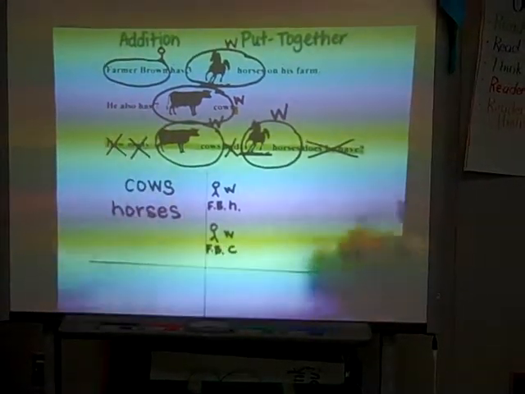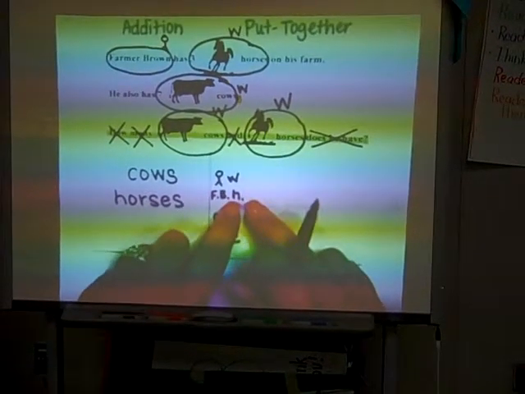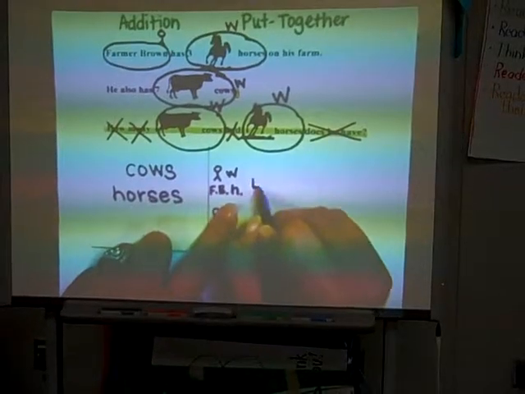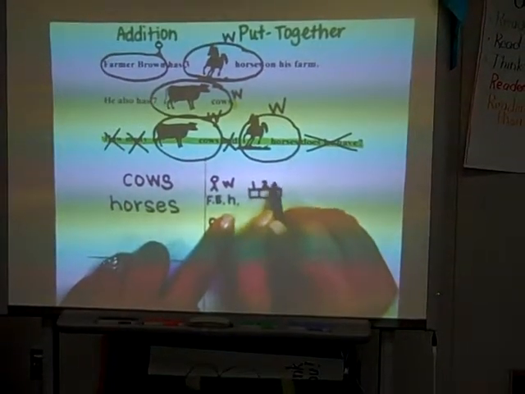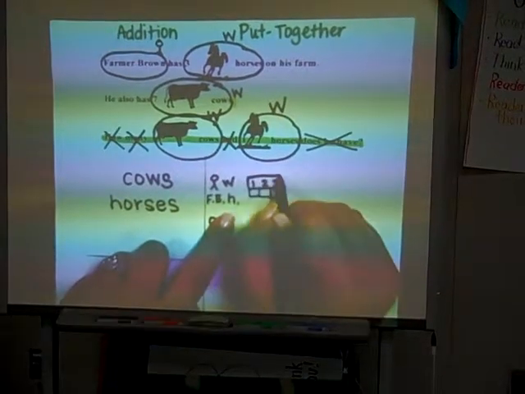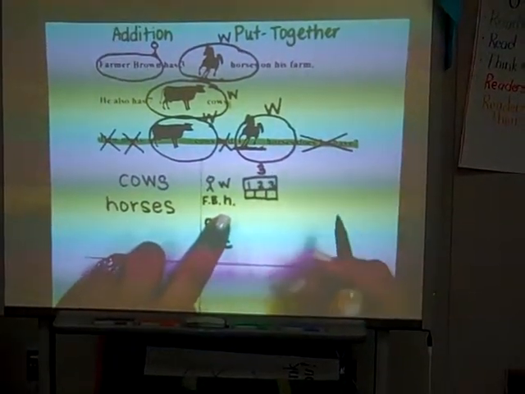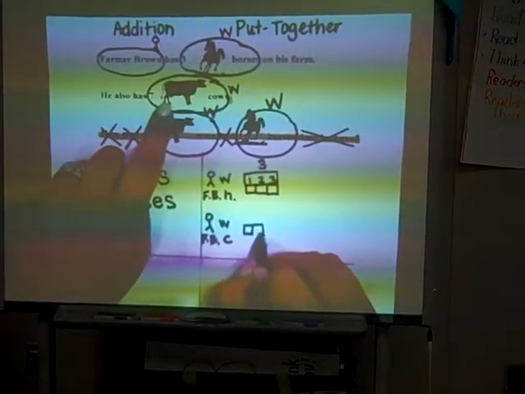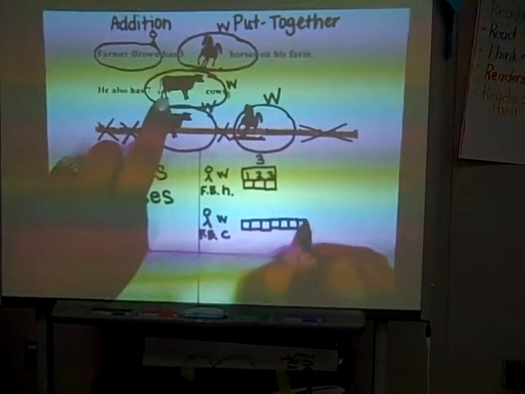Now you might be asking, what is a unit bar? Here we're going to start our unit bars. How many horses does Farmer Brown have? He has 3. 1, 2, 3. I always have the students label their boxes, and they put a number on top. Now how many cows does Farmer Brown have? 1, 2, 3, 4, 5, 6, 7.